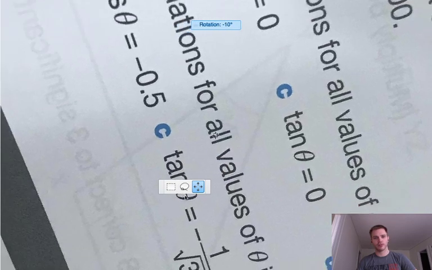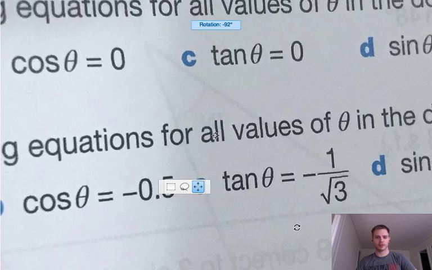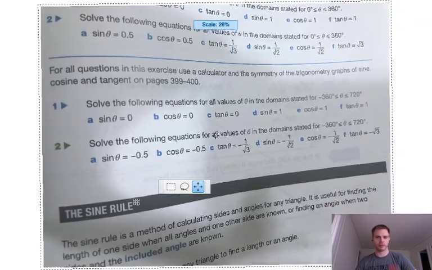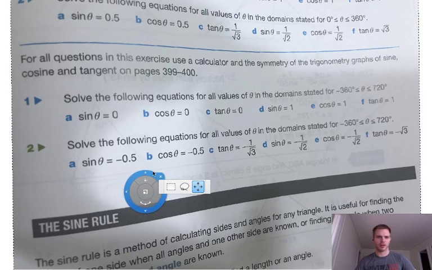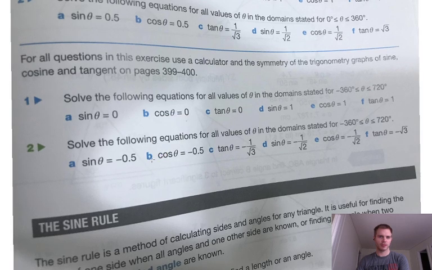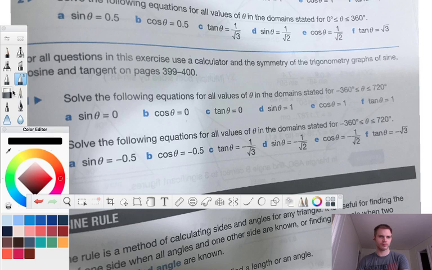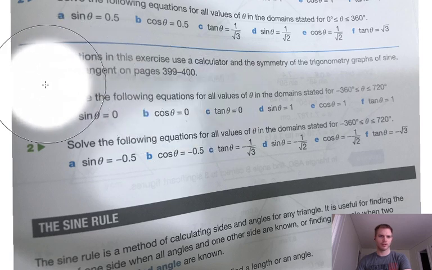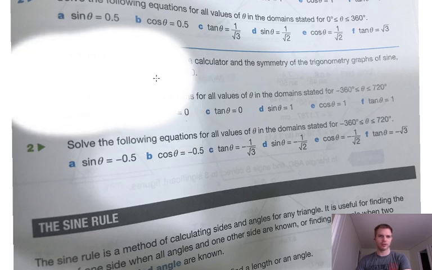We want to turn this sideways and then shrink it a little bit. We don't need it to be that big. We only want question 2, so I'm just going to get rid of the rest of this junk.